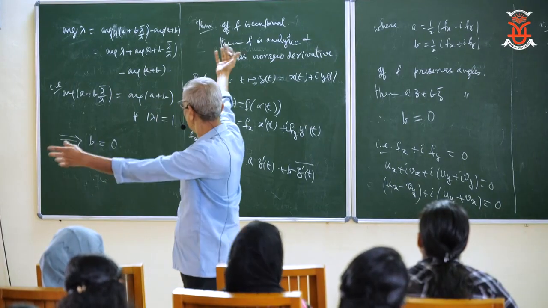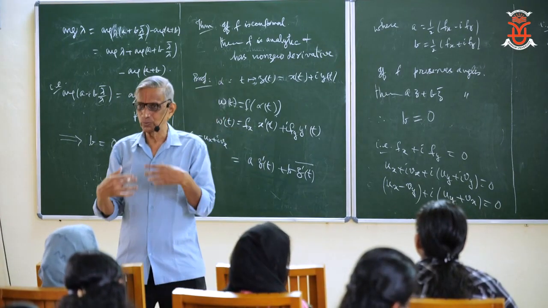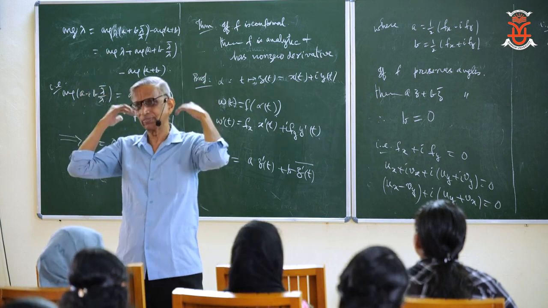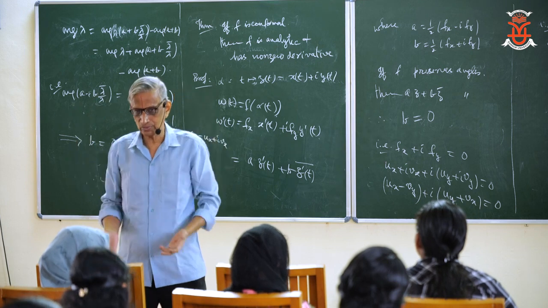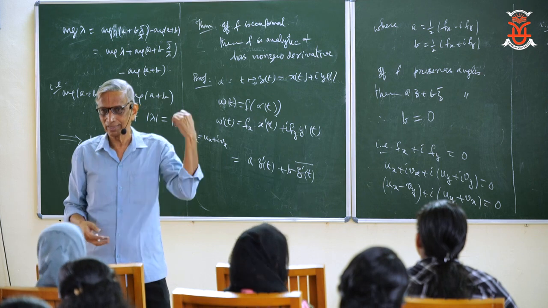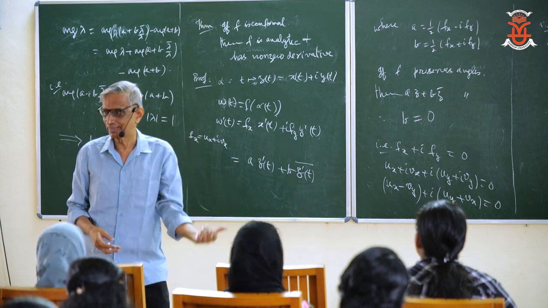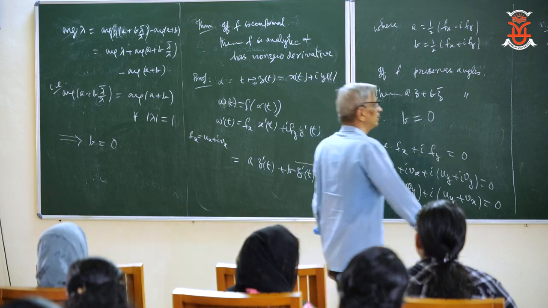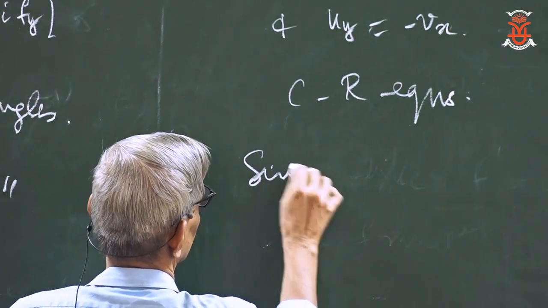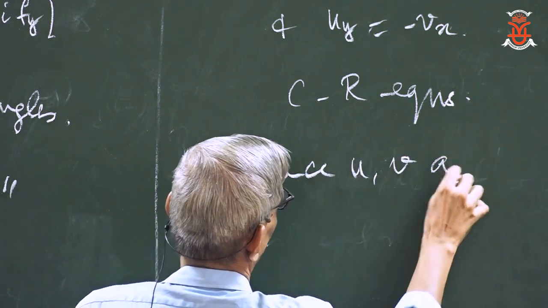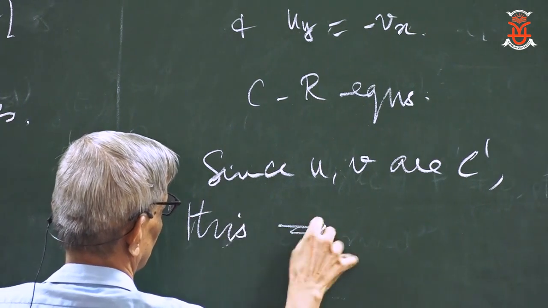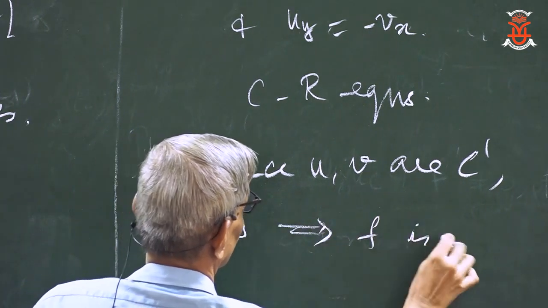Of course, by assumption f is a C1 function, so u and v have continuous first partial derivatives. And we know if u and v have continuous first partial derivatives and satisfy the Cauchy-Riemann equations, then f is analytic. Since u, v are C1, this implies f is analytic.